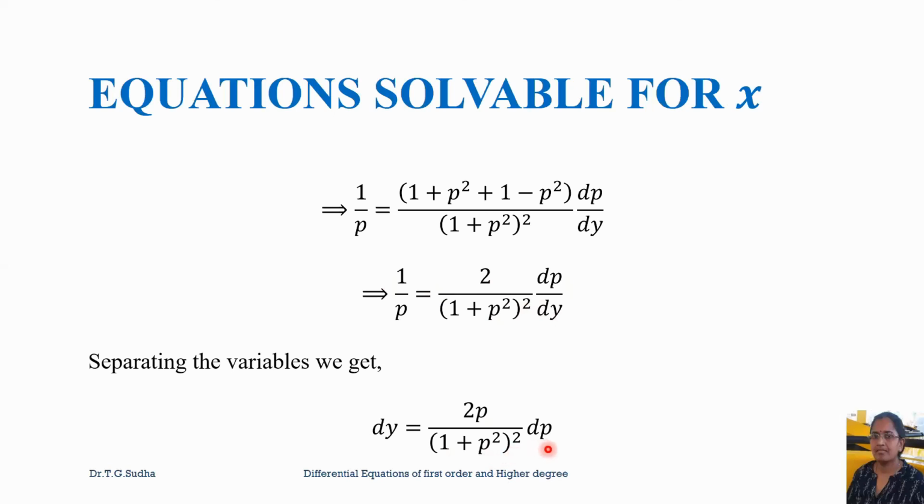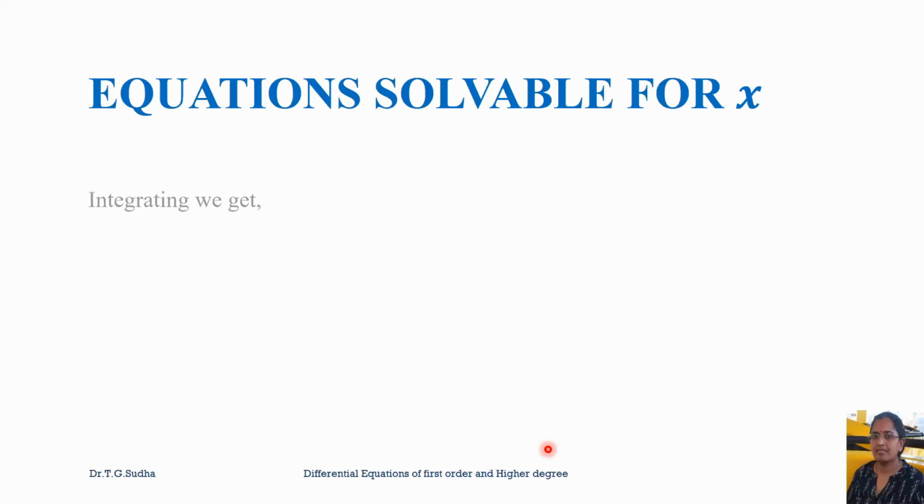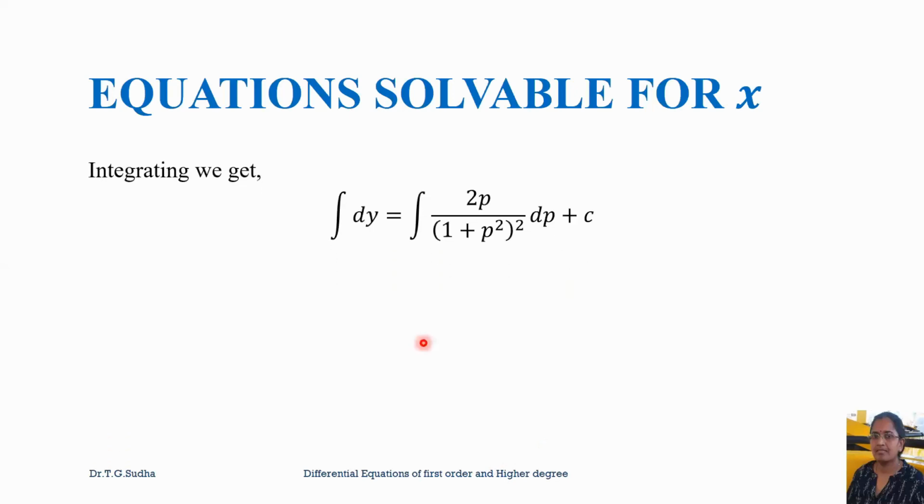Now to obtain the solution, we need to integrate. So integrating, we get integral dy equal to integral 2p dp divided by (1 plus p square) whole square, plus c, a constant of integration. So on the left hand side, we obtain y and on the right hand side, we get minus 1 over 1 plus p square plus c.